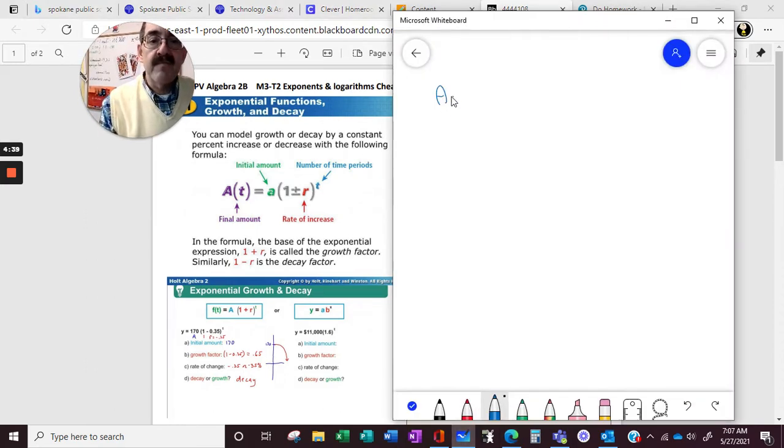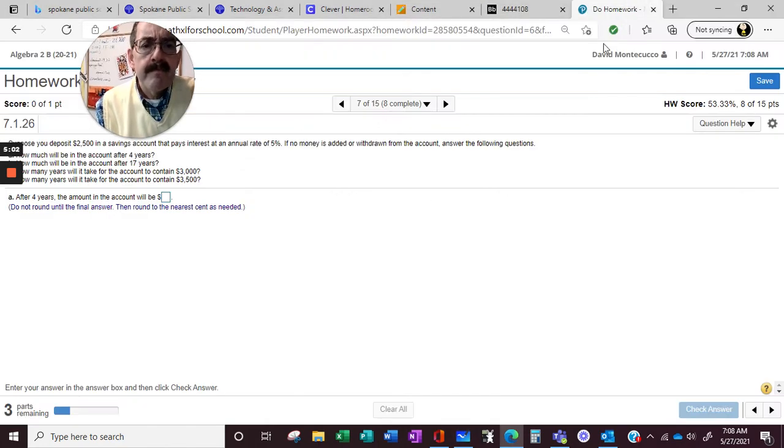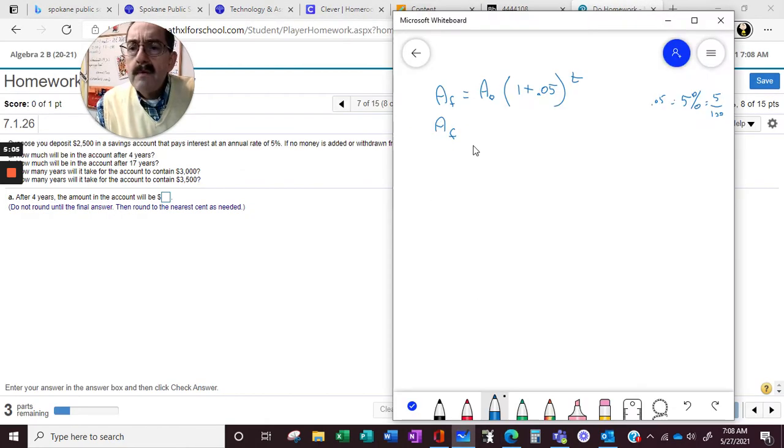And we have the final value of money, the initial value of money, and it said 5%. 5% is the same as 5 divided by 100. So we get 0.05 for t amount of years. Okay, in this particular problem, we have $2,500, 1.05 because we're gaining, and how much do we have after 4 years?